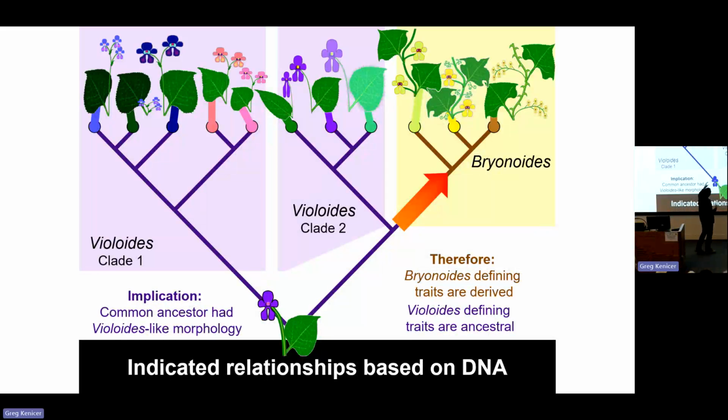So everything with these purple lines would have looked broadly like this. And then you get this sudden outbreak of massive, lots and lots of changes, giving you something that looks totally different. And the key thing is, for Bryonoides, the traits are derived along that arrow. The shared traits for Bioloides are ancestral to the whole group. And this is why DNA can conflict with morphology.